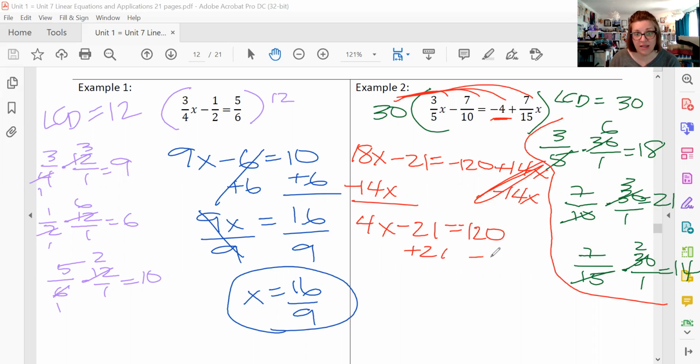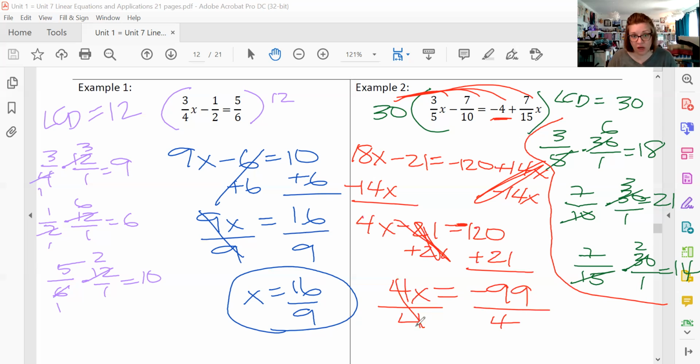Add the 21 because it's crossing the equals sign. That gets rid of it there. -120 plus 21 is -99. That equals 4x. I want to get the x by itself by dividing by 4.